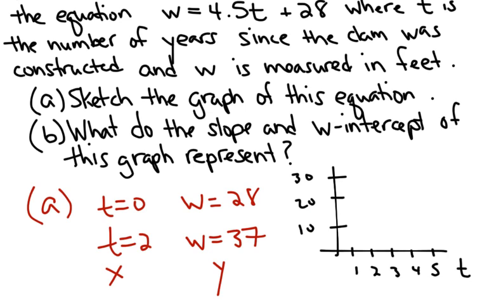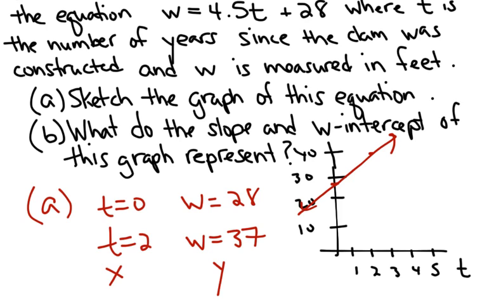And I realize that it's not the best drawing, but I only need a sketch of it. So to get an idea of what this looks like, 0, 28 would be about here, and 2, 37 would be about here. So the line looks like this, which makes sense because you're filling the reservoir up, so you hope the water level's going up.